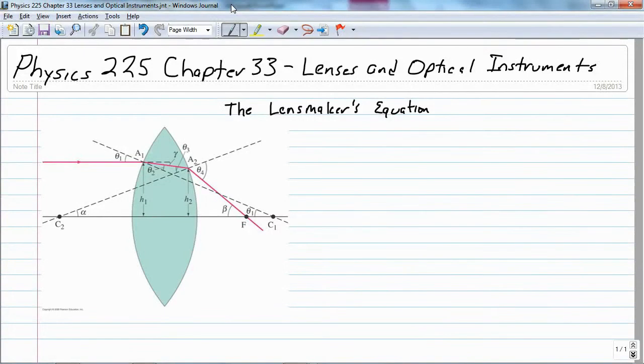The next step that we need to talk about is the Lensmaker equation, because up to this point we've talked about the focus, but we haven't really defined how to find the focus, the focal length of the lens.